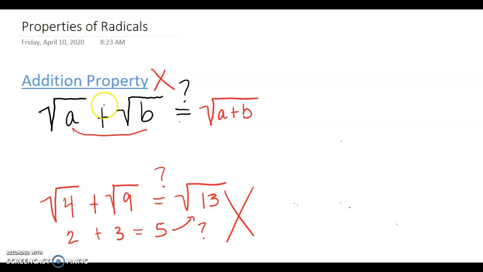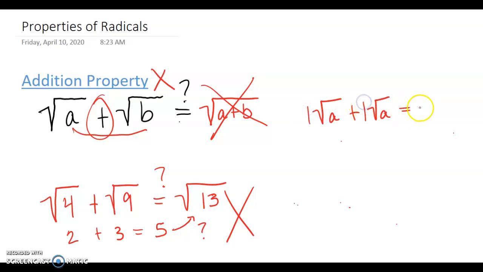Anytime you are adding two radical expressions together, you cannot combine them into one. There's nothing we can do to combine these two things. The only time you can combine is if you have the same expression. So if I have the square root of a plus the square root of a, I've got two of the same expression, and now I can combine them into two square root of a's.